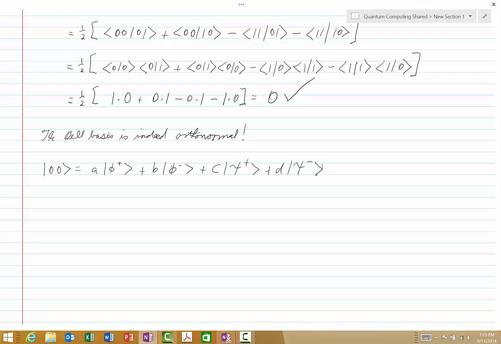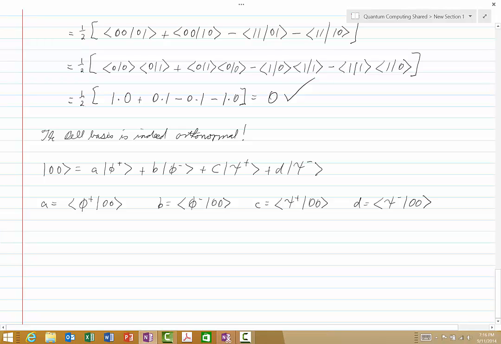So we know, since the Bell basis is orthonormal, that A will be equal to phi plus, 0, 0. B equals phi minus, 0, 0. C equals psi plus, 0, 0. And finally, D equals psi minus, 0, 0.